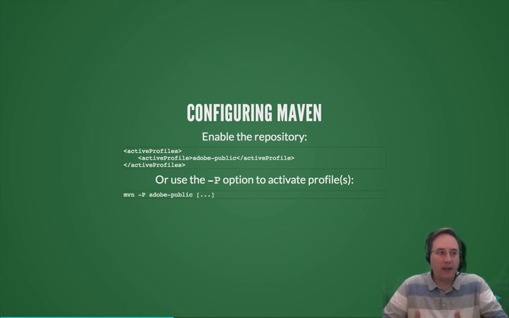And you do that by adding this active profile snippet to your settings.xml. If you're working with lots of repositories, you might like to leave the Adobe repository inactive and then specify it using the -p option on the command line to activate the profile. This will make Maven work just a little bit quicker when you're doing tasks that involve multiple repositories.